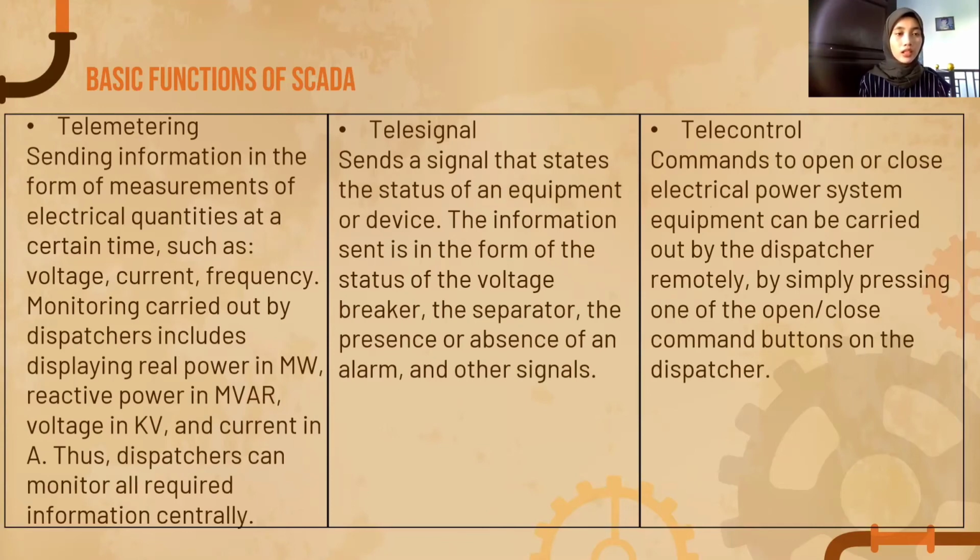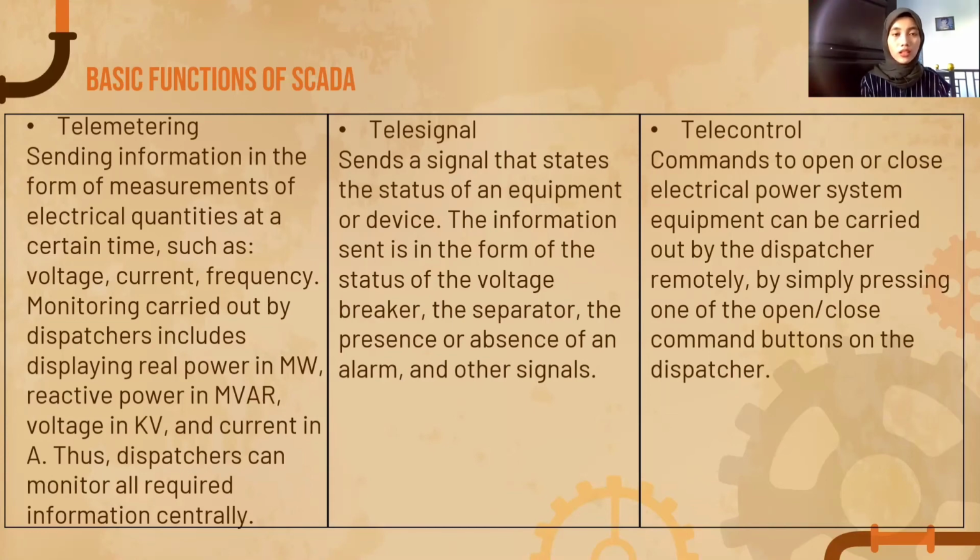Telemetry is sending information in the form of measurement of electrical quantities at a certain time, such as voltage, current, frequency. Monitoring carried out by dispatcher includes displaying real power in MW, reactive power in MVAR, voltage in kilovolt, and current in ampere. Thus, dispatcher can monitor all required information certainly.